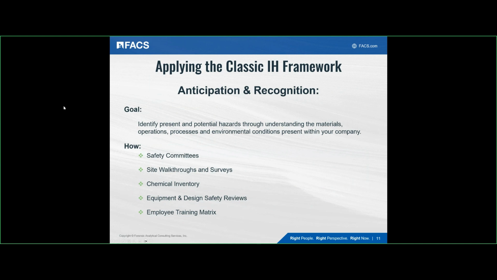So beginning with anticipation and recognition, what's the goal, right? The goal is to identify present and potential health hazards through understanding materials, operations, and processes and environmental conditions present within your company.